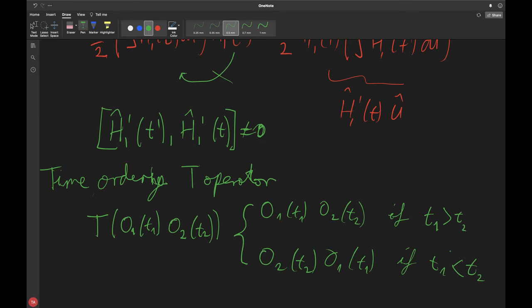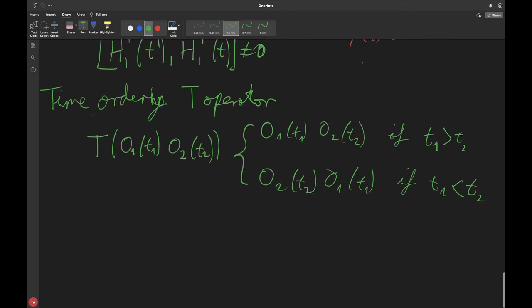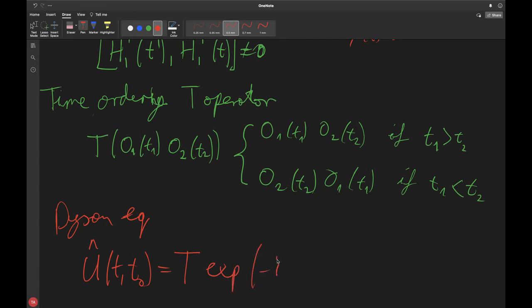So with this, we can finally announce the Dyson equation. The Dyson equation says that the operator U, which is moving from time t0 to time t, is the same as the time ordered exponential of minus i integral from t0 to t of the interacting part of the Hamiltonian in the interaction picture at t prime, dt prime being the integration measure.